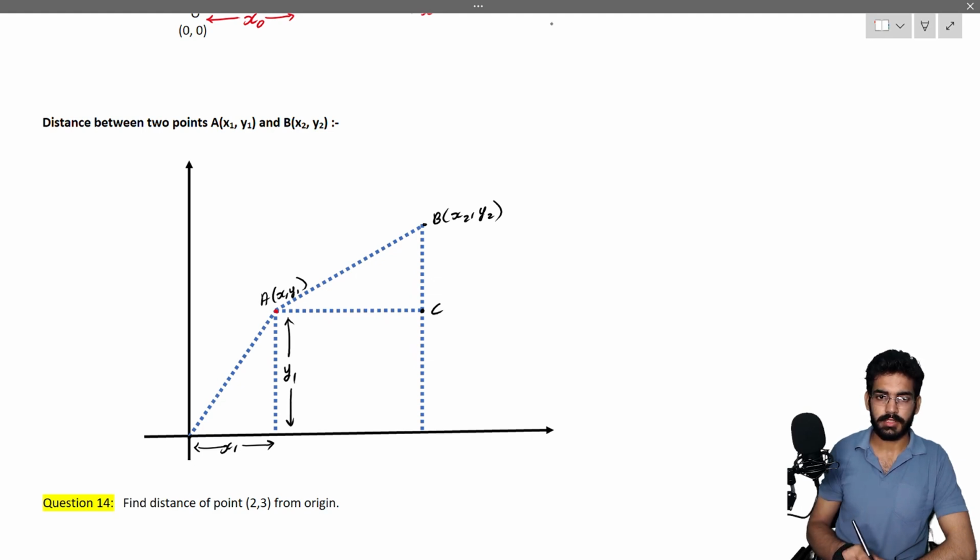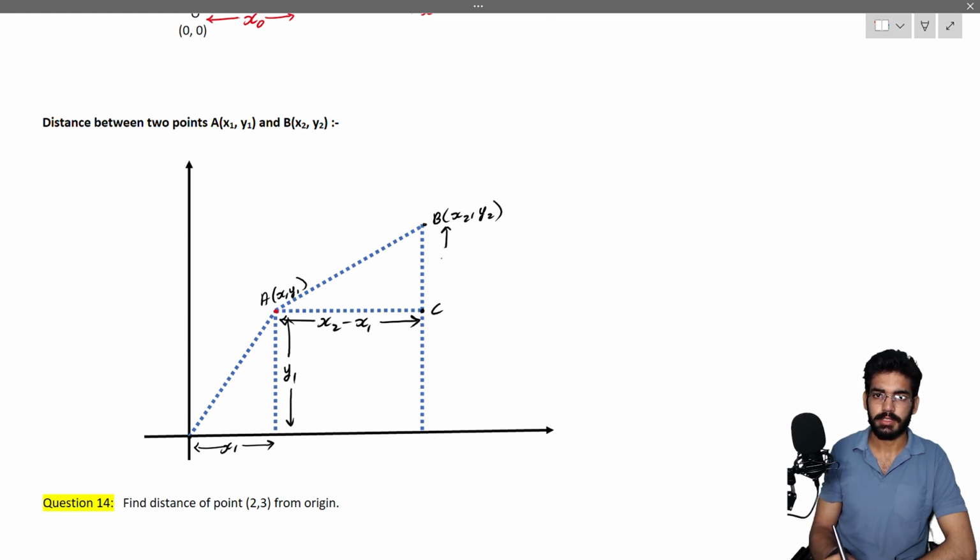Now if I call from the origin to the point below this point C, this length will be how much? X2, right? This point is x2 comma y2, so this length will be x2. So can I say this length is basically x2 minus x1, right? And this total length is y2. So how much is BC?